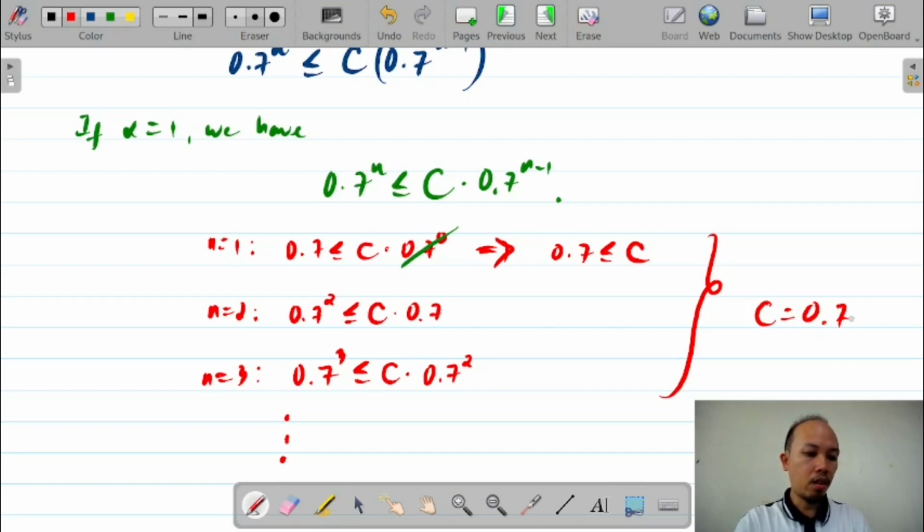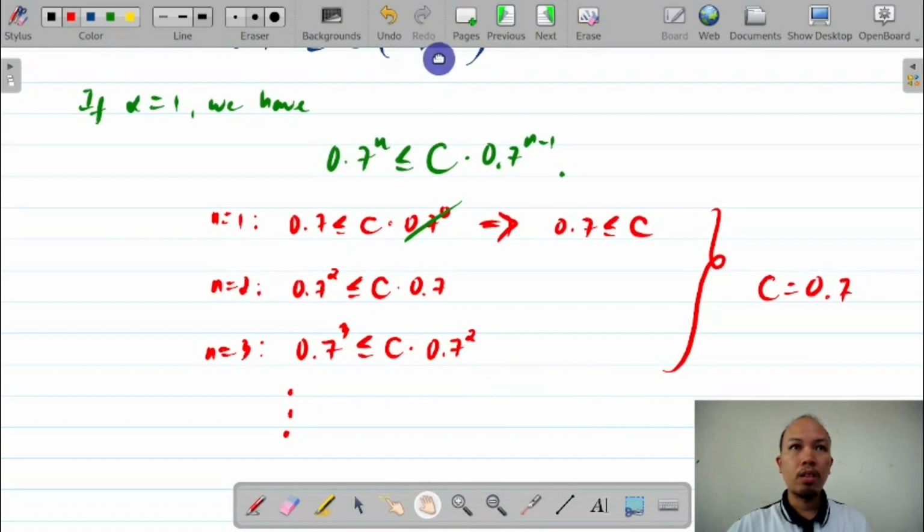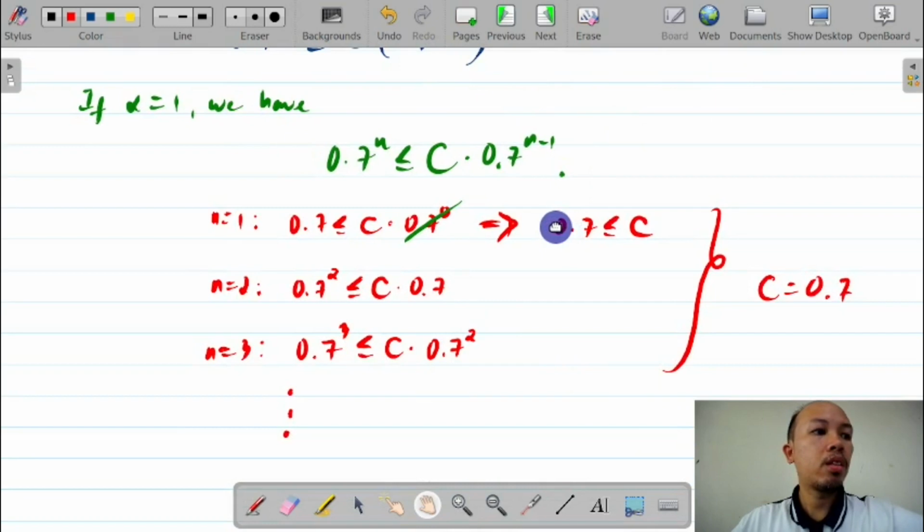0.7, I use a calculator here, times 0.8, 0.343 against 0.392. Based on our definition, if there exists a constant, we can choose c to be 0.7.